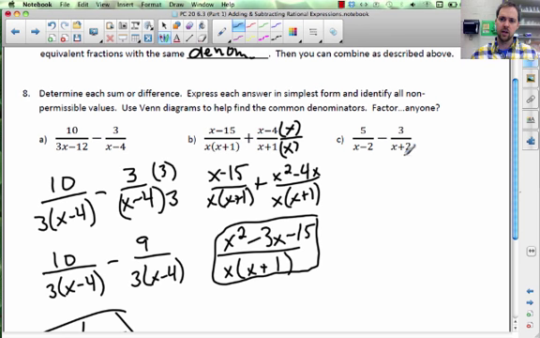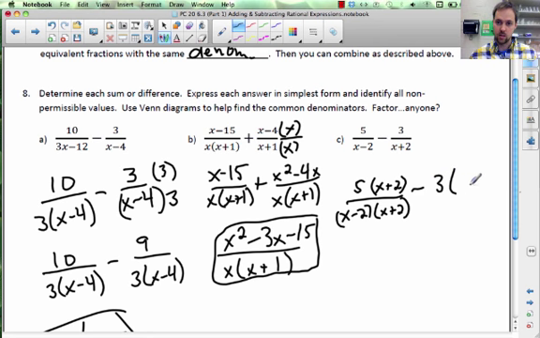Okay. X minus 2 and x plus 2. Unfortunately, these actually have nothing in common. So we need to take the first term, multiply numerator and denominator by the second denominator, and then the second term we need to multiply it by the first denominator.